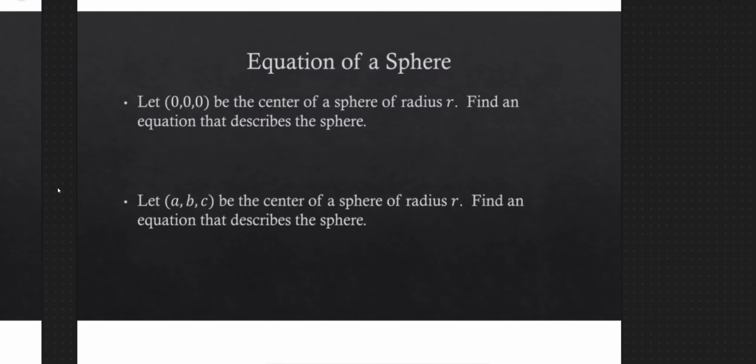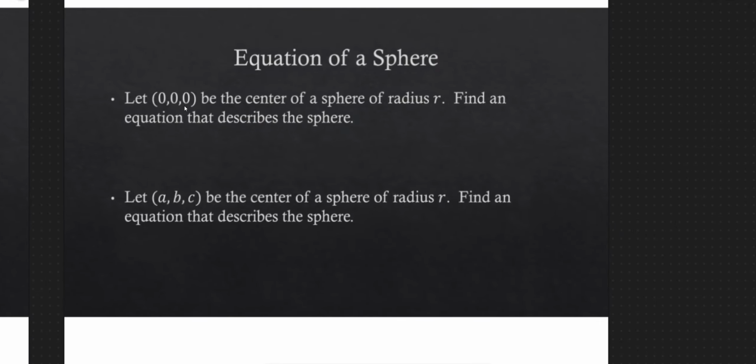So if we just start with, let's say, 0, 0, 0, if we want the origin to be the center of a sphere of radius r, we want the set of points that are distance r from that. And so what does that look like? What's the distance? Again, I'm going to start with an arbitrary point on the sphere.